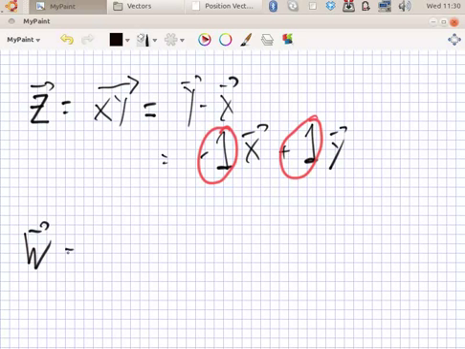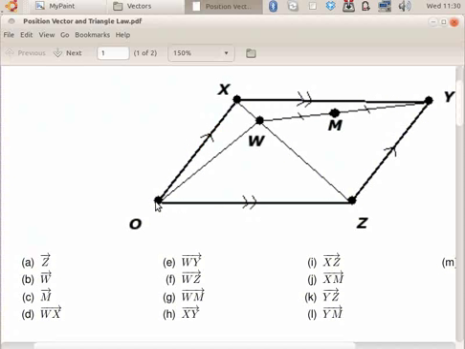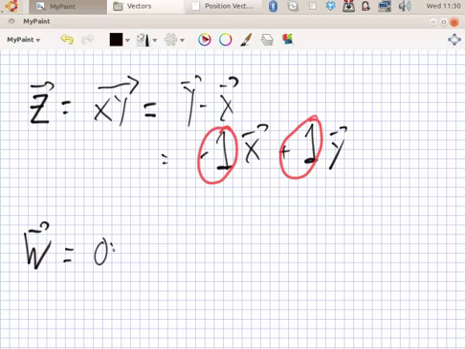O to W would equal OX plus XW. But OX, of course, is just x. But XW, you could write that as what? 1 over 5 x z.